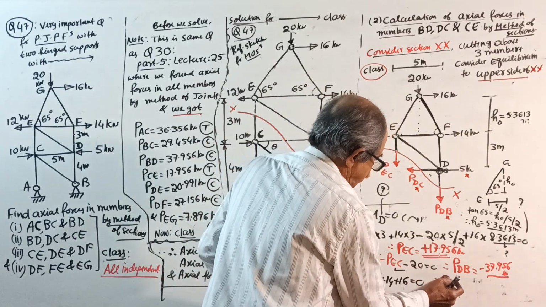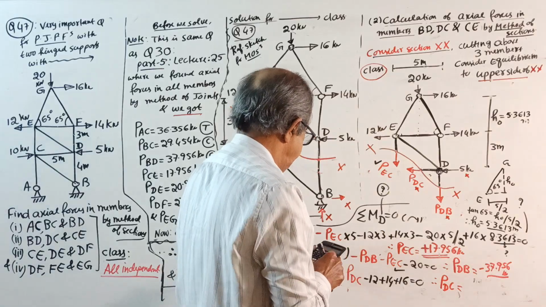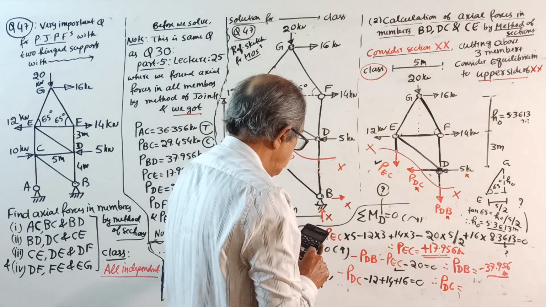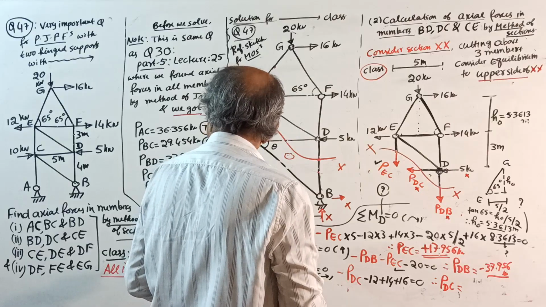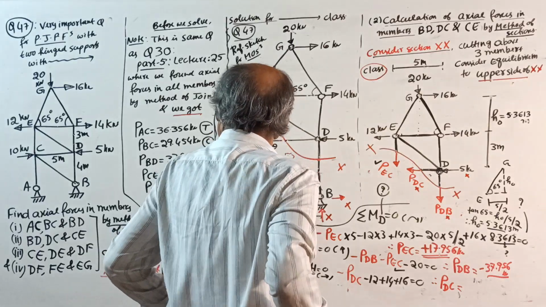Therefore, you get the value of PDC. PDC will come minus 12 plus 14 plus 16, which is plus 18. PDC is 18, correct?